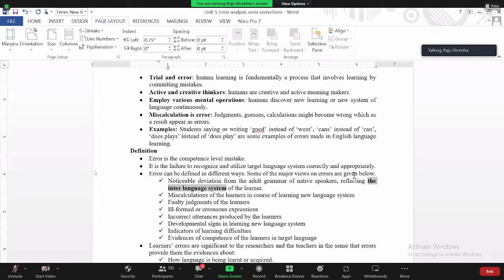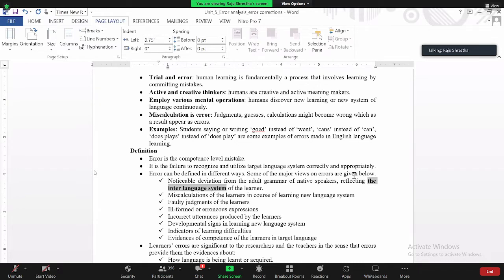Learner's first language र target language को बीचको language लाई चाहिँ inter-language system भन्छ. It is not of the target language, not of the students' first language or mother tongue. So this बीचको language system लाई inter-language system भन्छ. बच्चा कहाँ पुगेको छ भाषा सिक्ने क्रममा भनेर देखाउँछ यो inter-language system.